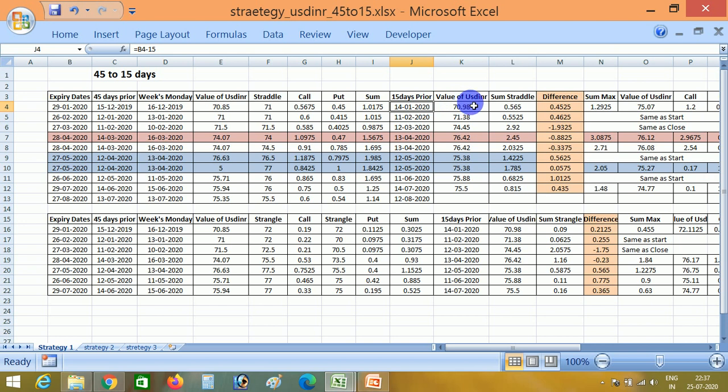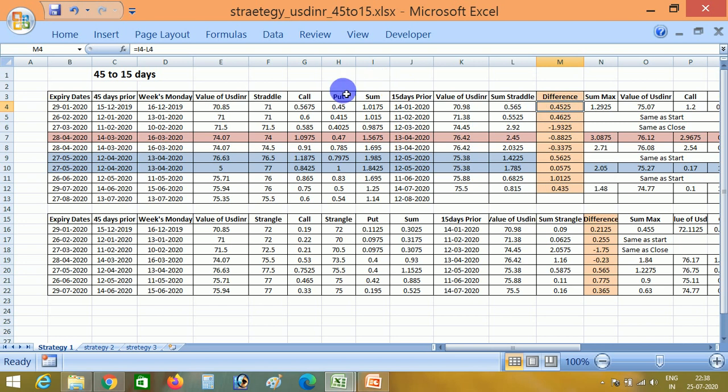The value of USD INR according to futures is written here, and the sum of straddle is written here. So you can see that the straddle you sold 45 days prior at 1 rupee is going to be only 56 paisa. So you are gaining 45 paisa in the span of 30 days. This is the strategy.